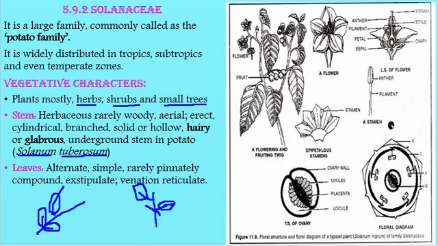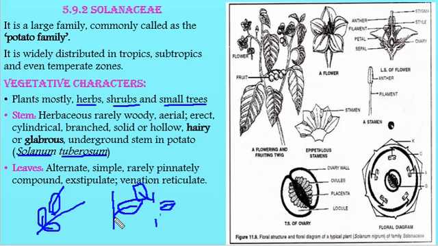Whereas in the plants which belong to family Solanaceae, such appendages are absent, and such leaves are known as ex-stipulate. This is the stem and here this is a leaf. If the stipules, the small appendages, are absent from the base of the leaf, it is known as ex-stipulate.